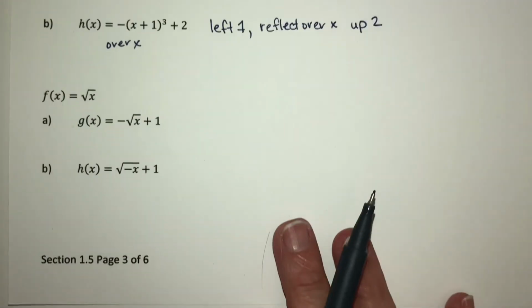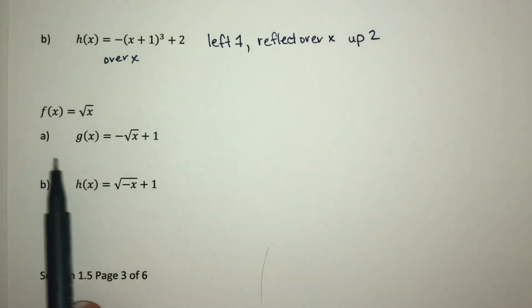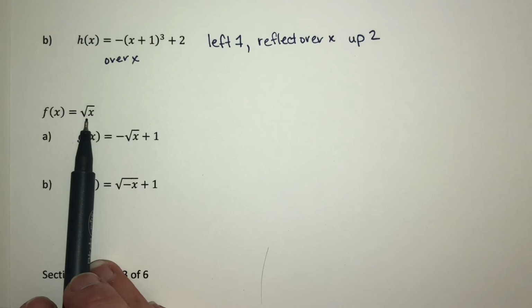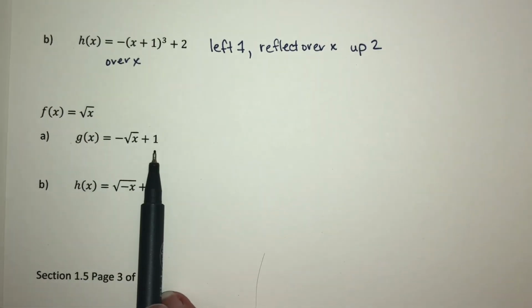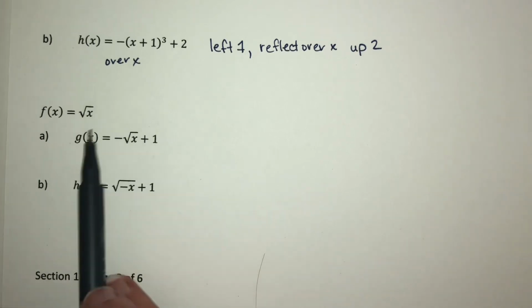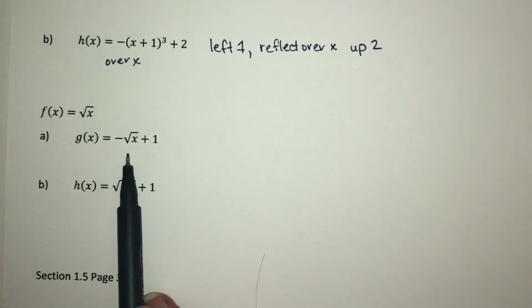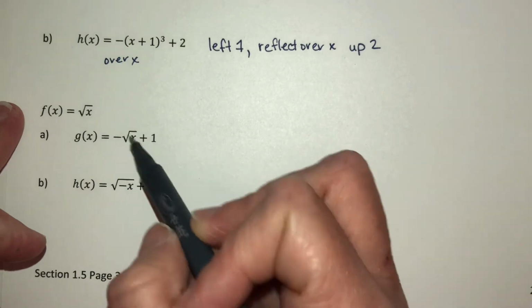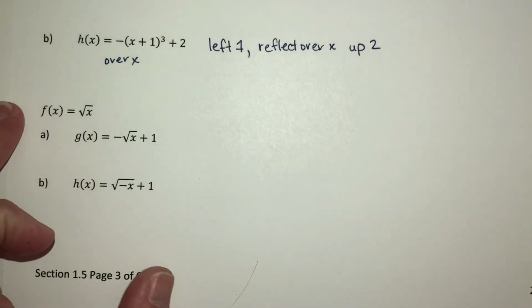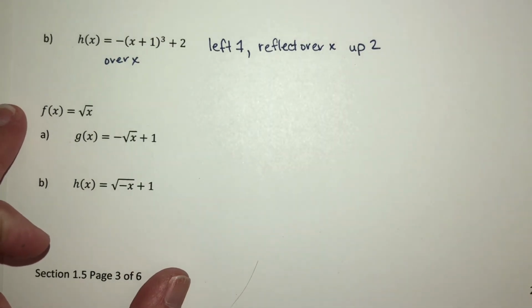Okay, let's try this one. If my original function is the square root of x, here I want to talk about how to graph this, how to move things. I have negative square root x plus 1. I first look for a horizontal shift, and I don't have any on either of these, actually. It's just x. It's not x plus anything or x minus anything. So on neither of these do I have a horizontal shift.